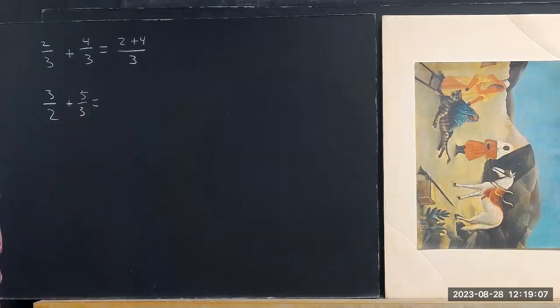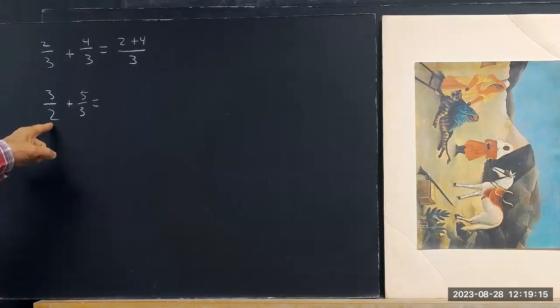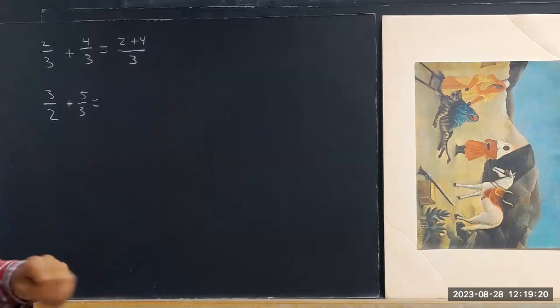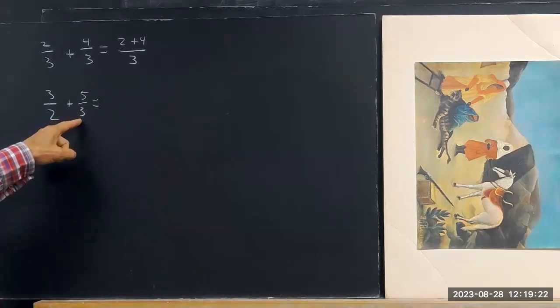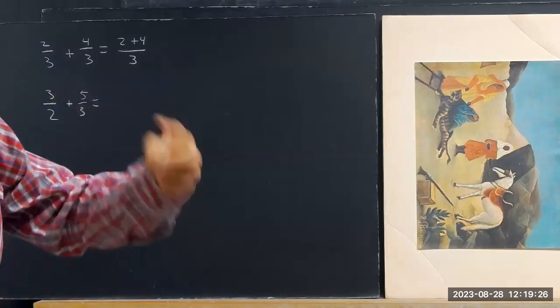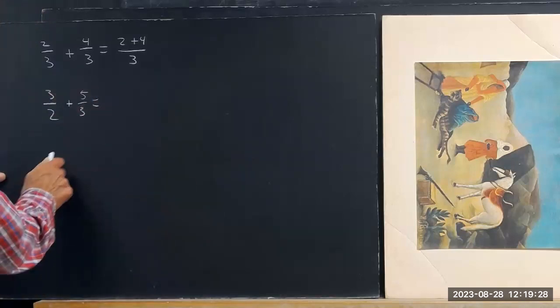Well, it turns out you're going to divide them into 6 pieces. Because that means you divide each piece of this one into 3 pieces, and each third of the pizza cut into thirds into 2 pieces. I can draw that.